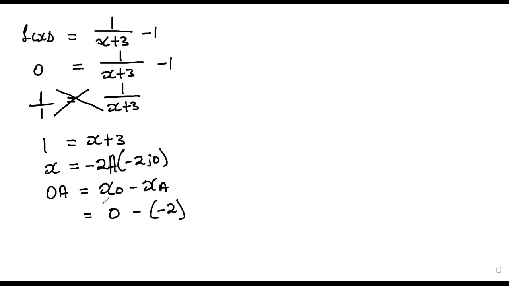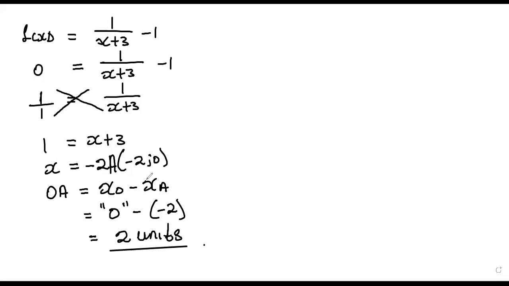So where did we get this 0? It's because the point O is at the origin, and the coordinates of the origin are 0 and 0. So the length of OA will just be 2 units. And then you are set.